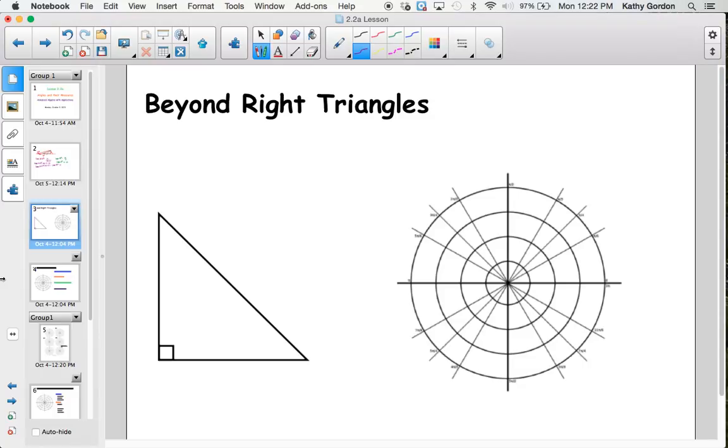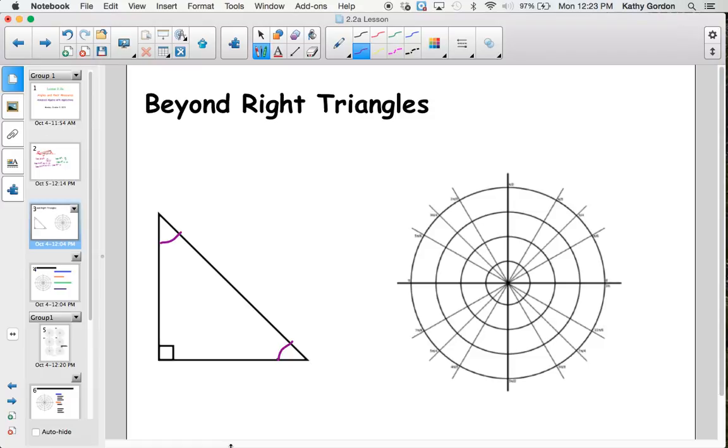It is definitely part of what trigonometry is about, but it limits us because when we talk about finding the trig functions, we're always talking about either this angle or this angle, right? We're never being asked to find a trig function for that angle. That's the right angle. So it's usually one of these two that we're asked to find the sine or the cosine or the tangent or whatever for.